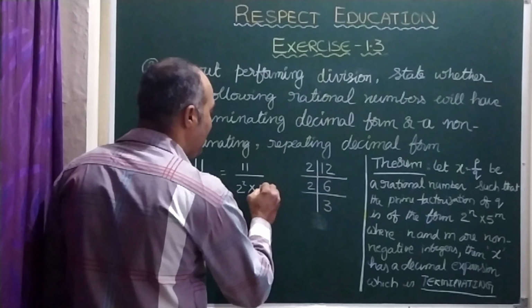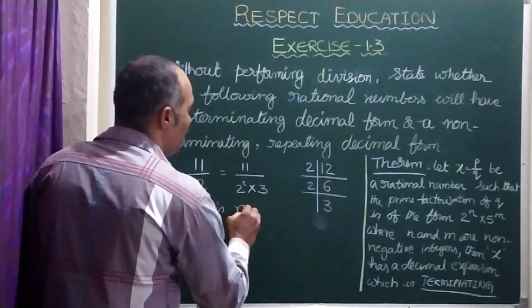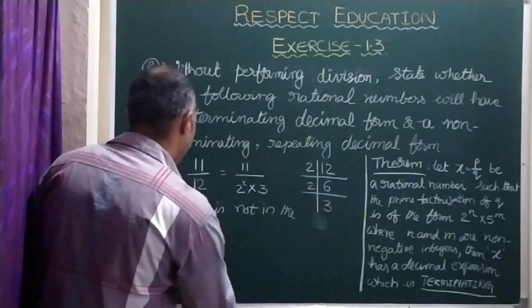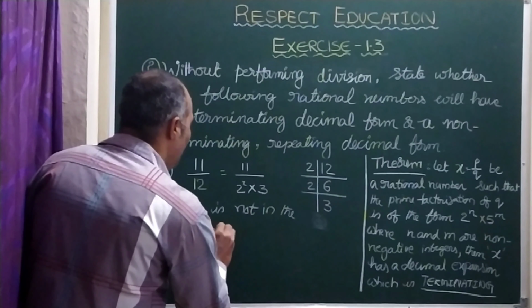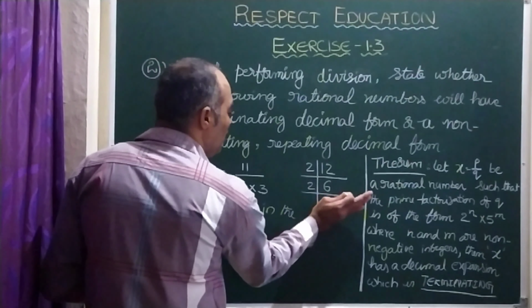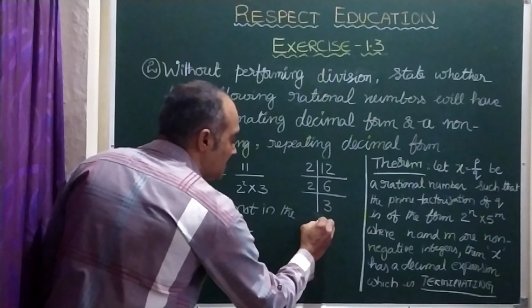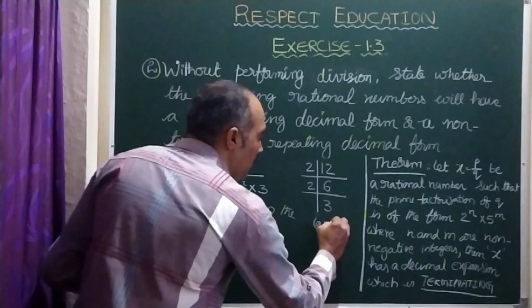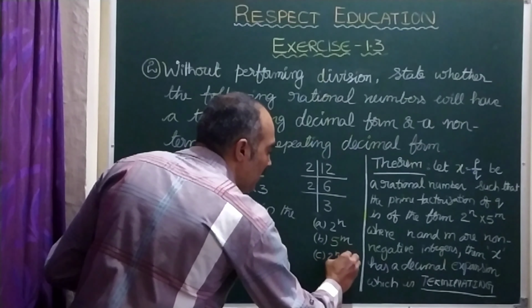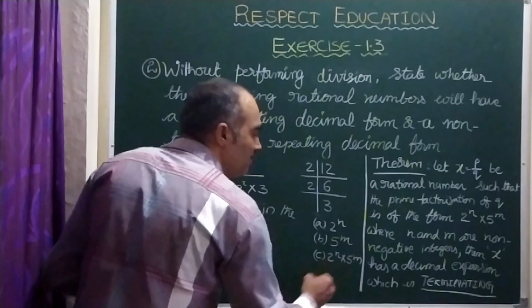So here you observe, children, q is not in the form of, earlier I have told you, to become terminating there are 3 cases, children. It may be of 2 power n, or it may be of 5 power m, or it may be of 2 power n into 5 power m.